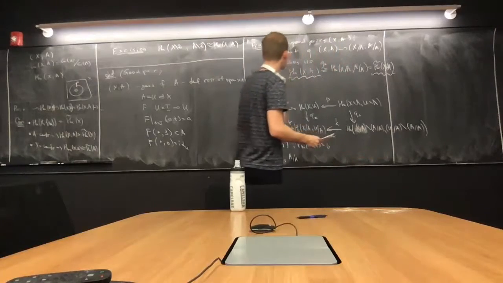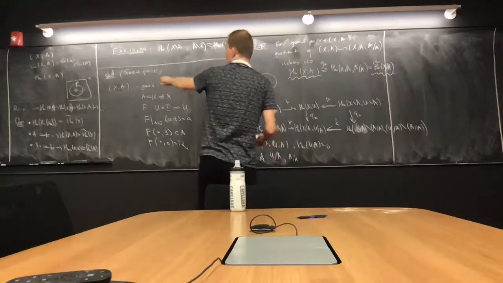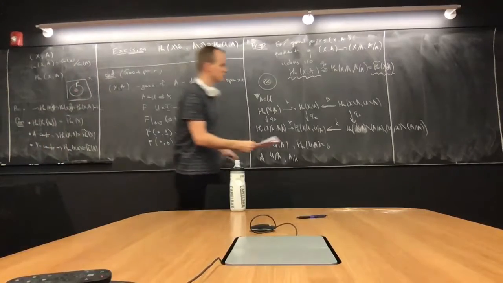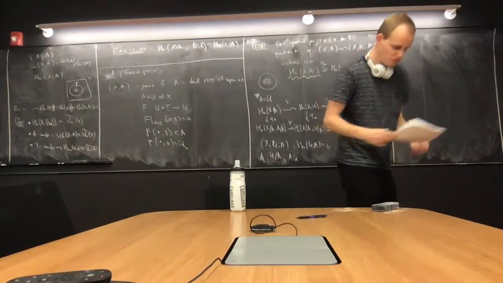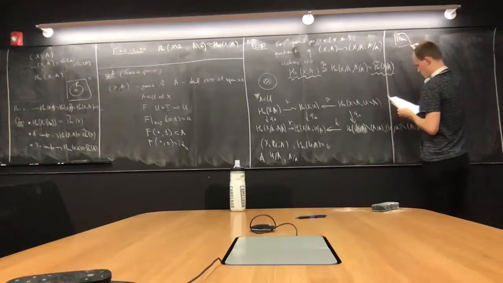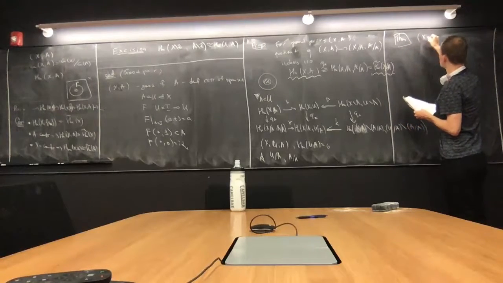So we can combine this result with the long exact sequence of the pair that I wrote here before, and get the new exact sequence for good pairs.